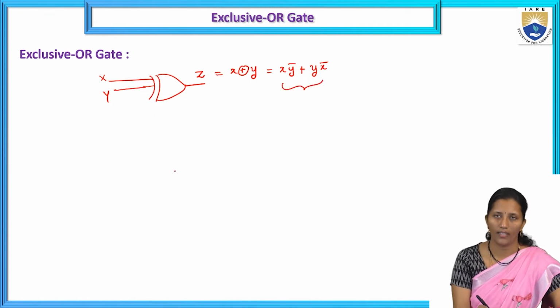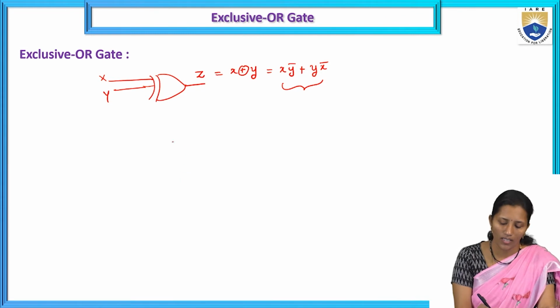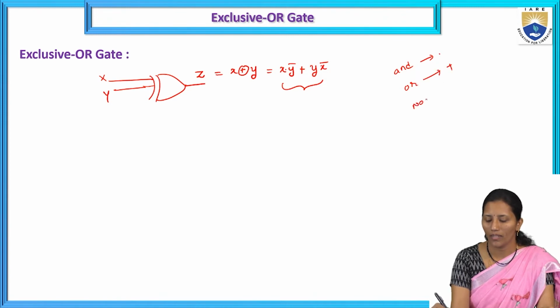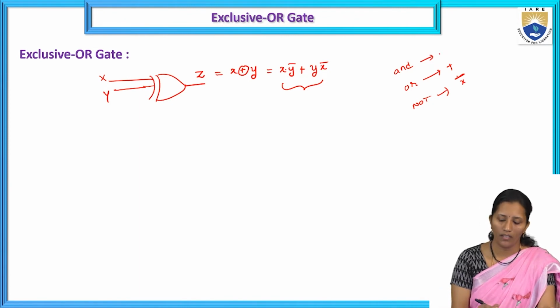What is the equivalent circuit of the XOR gate? Here we know AND is represented by dot, OR by plus, and NOT by the complement symbol. So by using AND, OR and NOT gates, we have to realize the XOR gate.